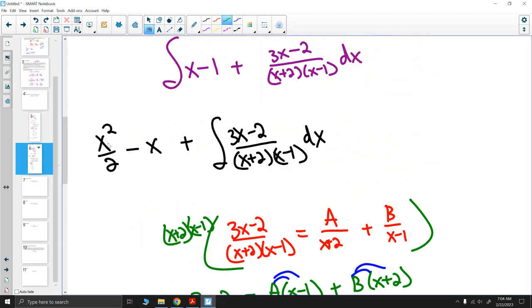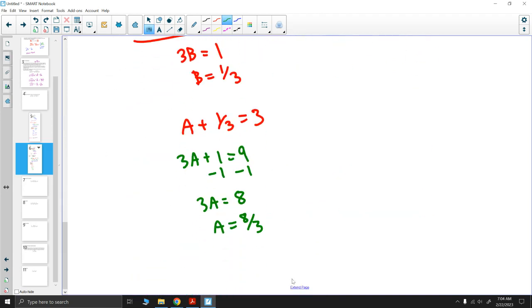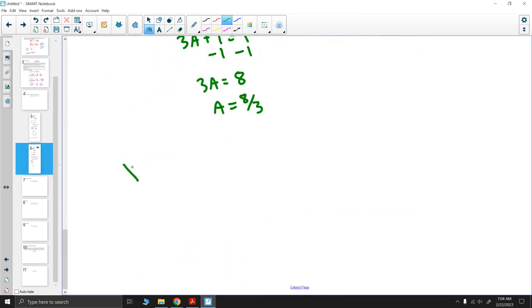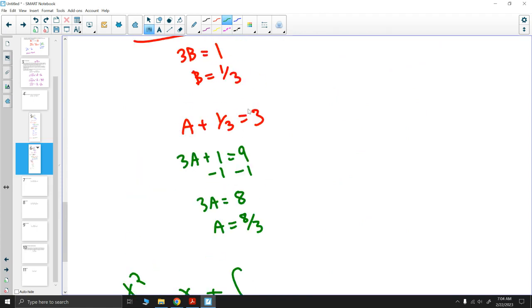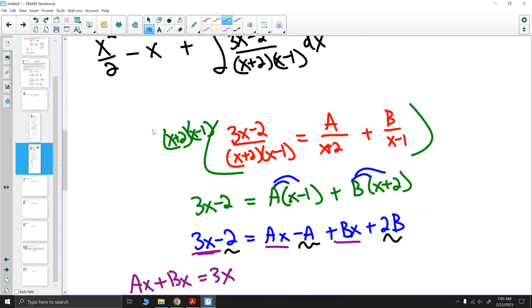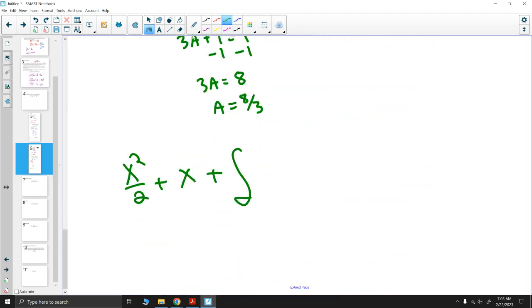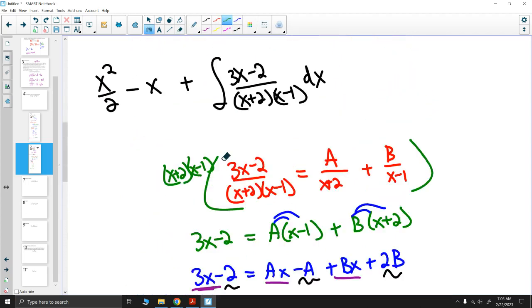I'm going to split it up and rewrite these just so I don't forget about them. So we have x squared over 2 plus x plus the integral. Let's just, I said plus x. In my brain, I knew it was minus x, and I still said plus x. Anyway, minus x.